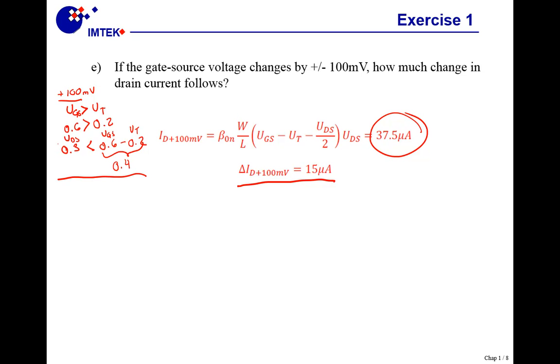Now, if we do it for minus 100 millivolts, UGS is 0.4, and it's still larger than UT, which is 0.2. Now the next condition is that we need to know if UDS is larger or smaller or equal to UGS minus UT.